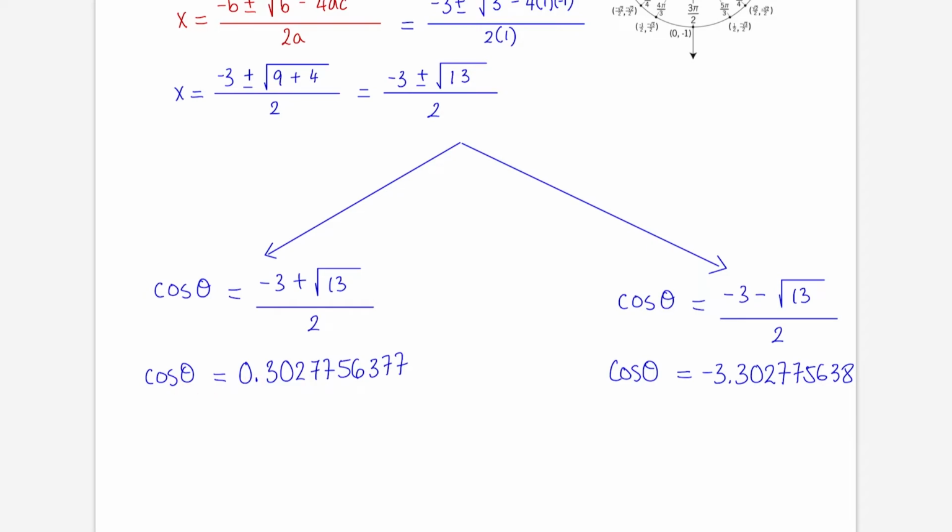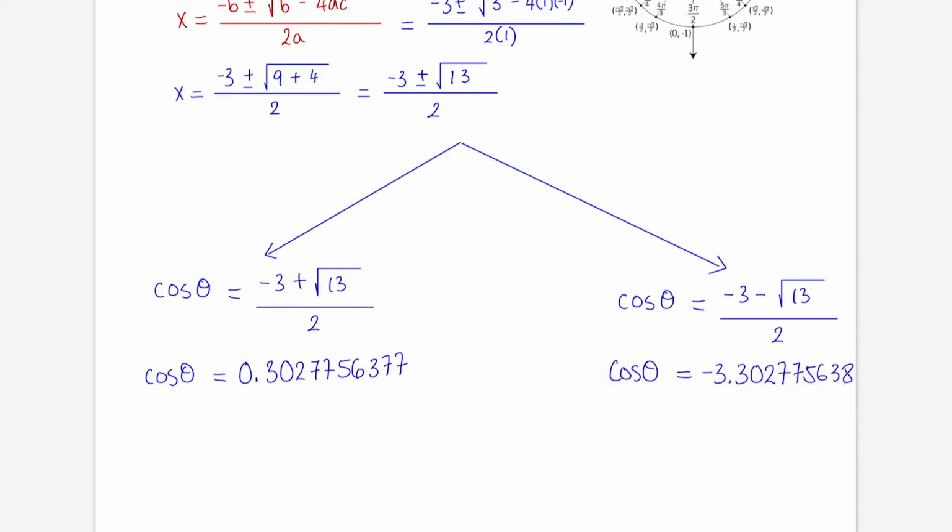Over here, cosine of theta is about 0.3. And here, cosine of theta is negative 3.3. The value of cosine of theta is in between negative 1 and 1. This value cannot be greater than 1 and cannot be less than negative 1. So this is going to be rejected.